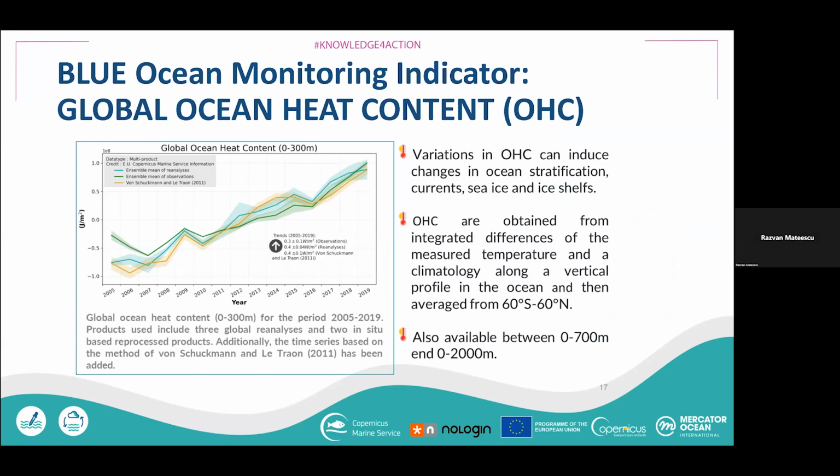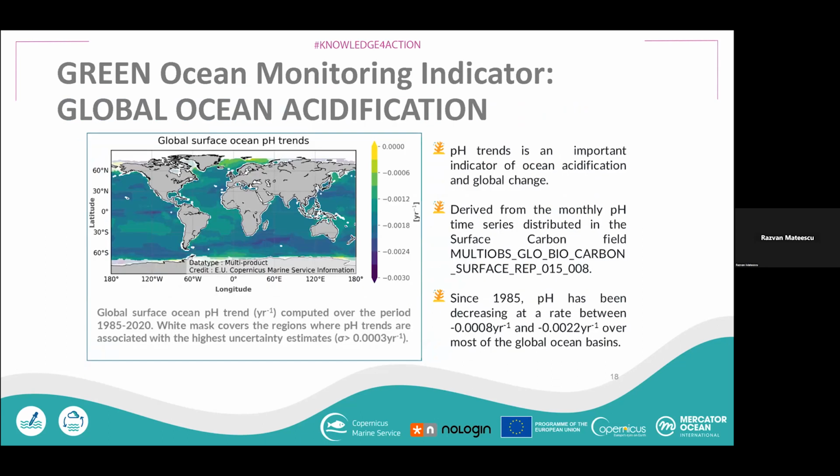About blue ocean monitoring indicators, we have first of all ocean heat content, and based on this, you can have an image of variation during times, and sure that all your climate change study will benefit from this data support, and this indicator will clarify all your concern in your specific area.